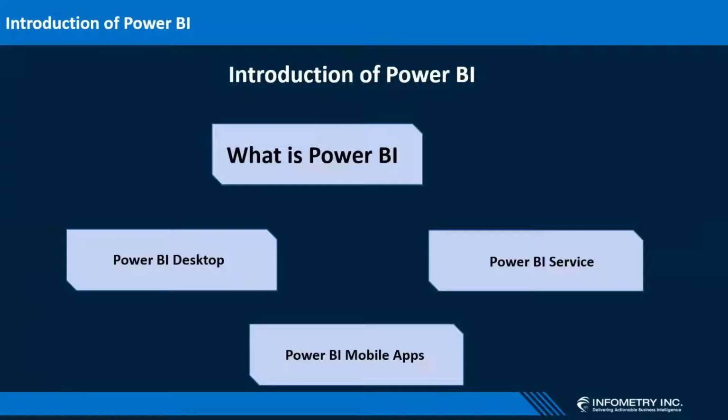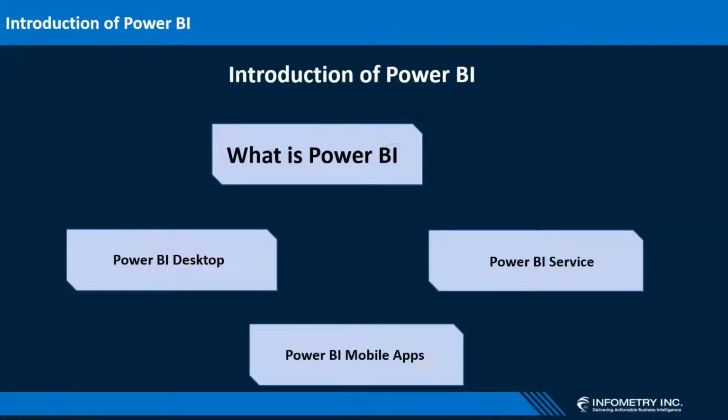Number one, a Windows desktop application called Power BI Desktop. Power BI Desktop is a free application you can install on your local computer that allows you to connect to your data, transform your data, and visualize your data.